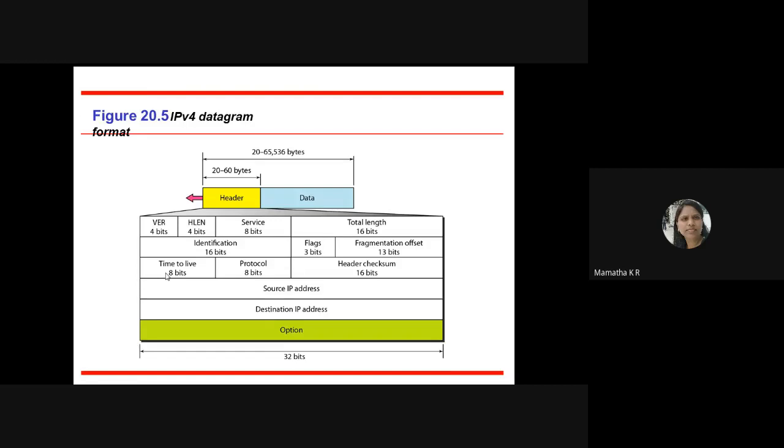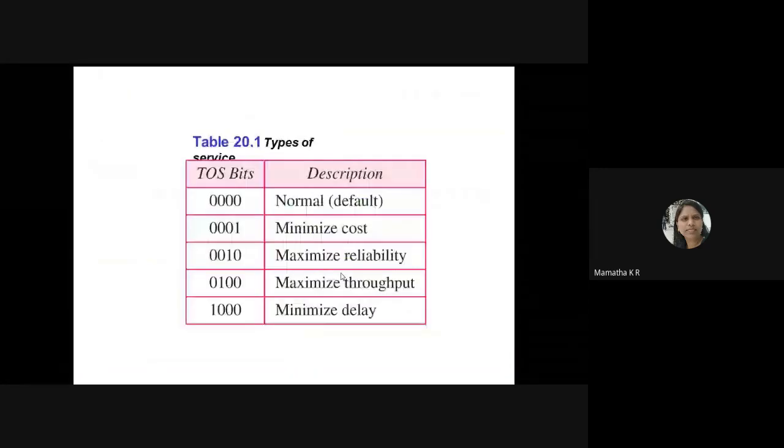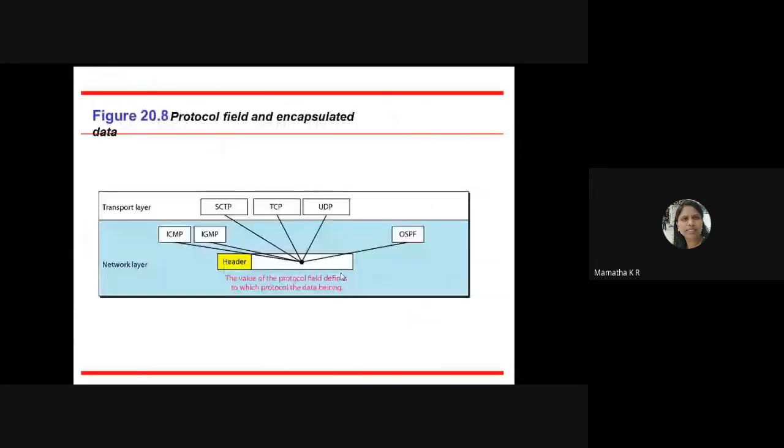So if it is 2, after 2 hops the packet should die. That is the time to live. It can go only up to 2 routers. That is how it is made, so that congestion and traffic in the network can be avoided. And the header checksum is for error detection. Okay, so this much we have discussed.